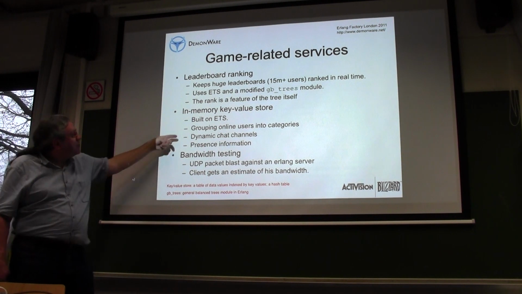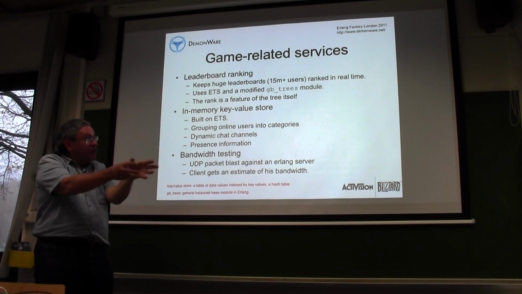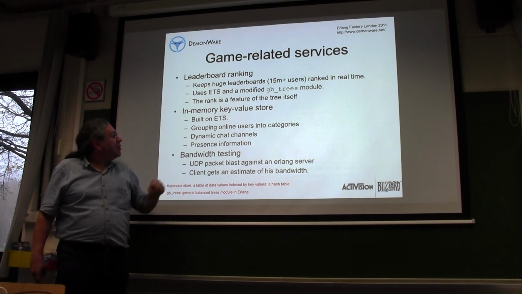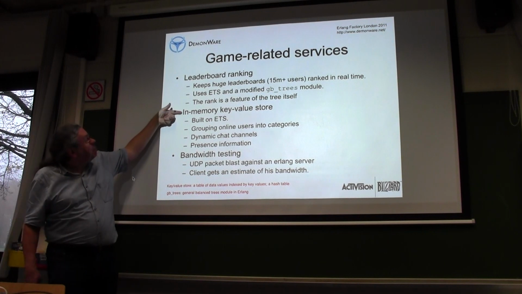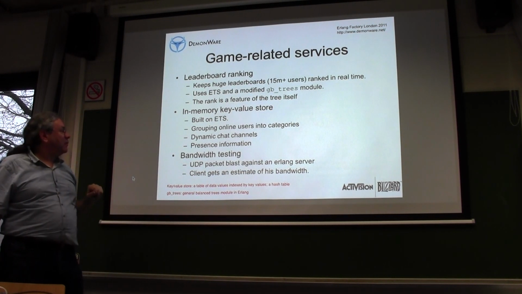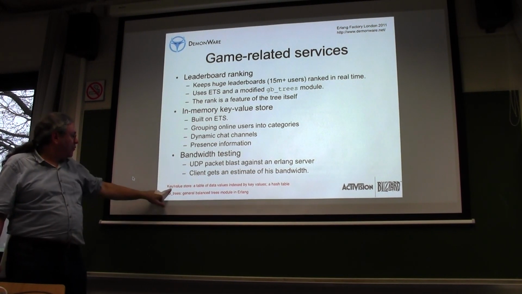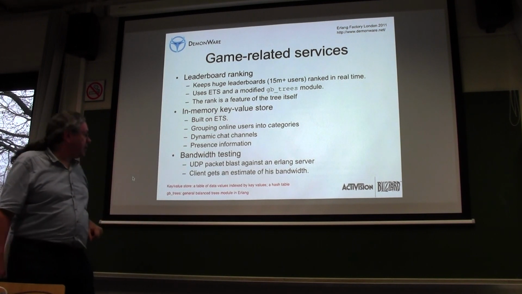And this lets you do things like grouping the users, keeping little groups, managing chat channels, presence information. So it's like a simple, very fast database built on ETS. Okay? So a key value store is like a hash table, a table of values indexed by key.